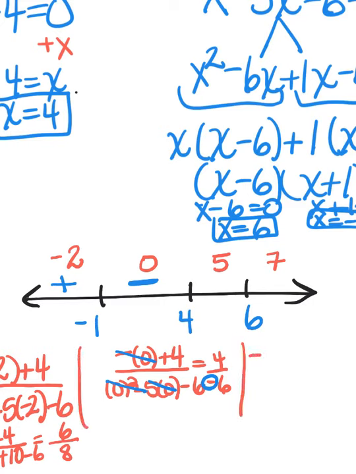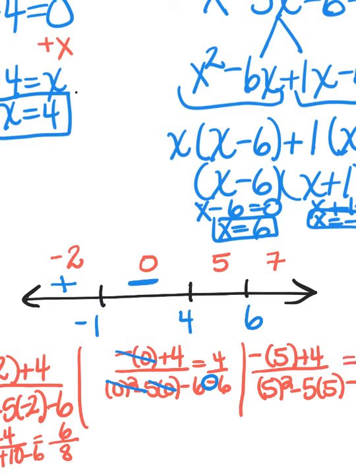So we have negative, and then 5 plus 4 over 5 squared minus 5 times 5 minus 6.